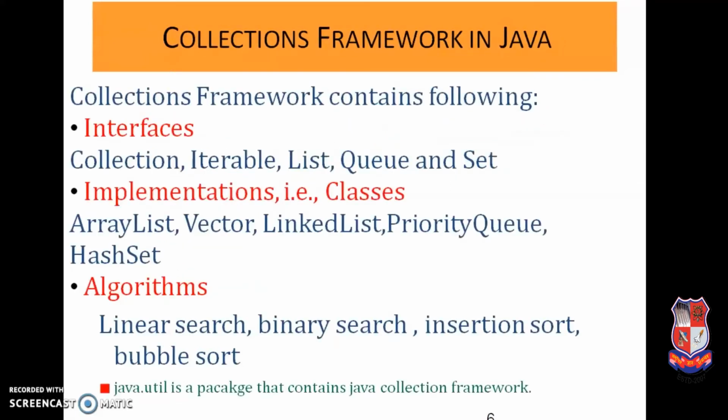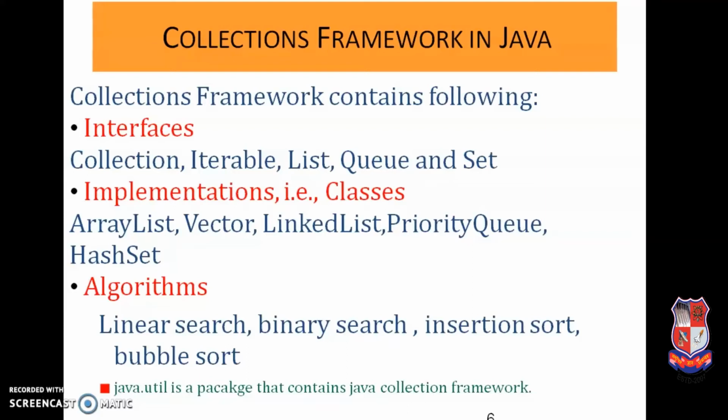Collection framework provides interfaces, abstract classes, and concrete classes for providing specification and implementation of popular data structures. Collection framework mainly contains three things: interfaces, implementation, and algorithms. There are many interfaces available in collection framework like collection, iterable, list, queue, and set.